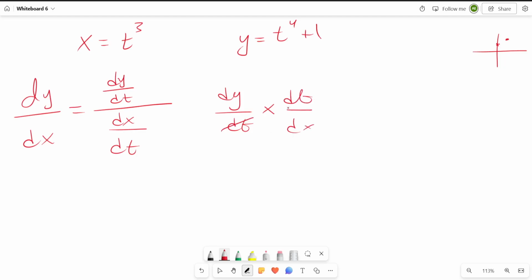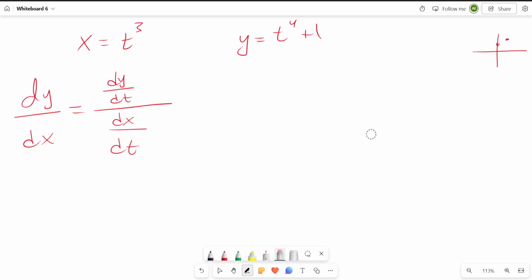Here I can see that dt cancels, so this whole thing is dy by dx. Why do I write it this way? Because it's simple for me to get dy by dt, and simple for me to get dx by dt, and then divide them to get dy by dx. So let's see how we can do that.